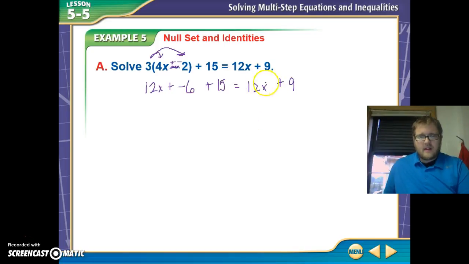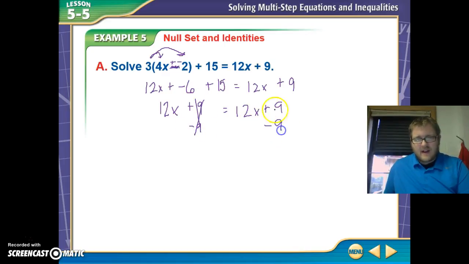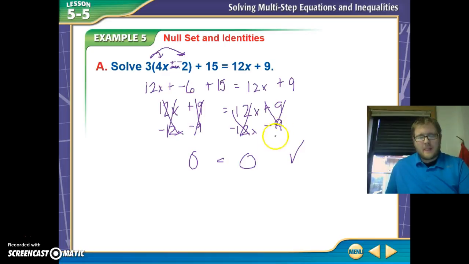Try to get your like terms on the same side as one another. 12x, negative 6 plus 15 we know is 9. And then we get 12x plus 9. Notice we have the same thing on both sides. So if I subtract 9, it cancels out. Subtract 12x, it cancels out. So I actually get 0 equals 0, nothing equals nothing, which is a true statement.